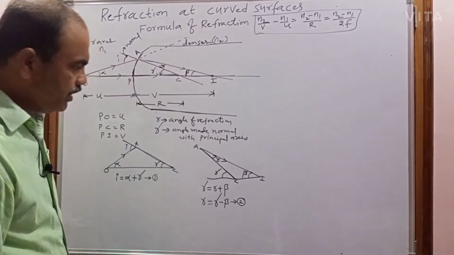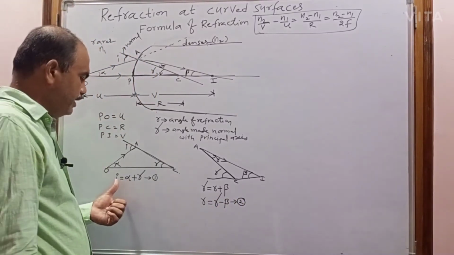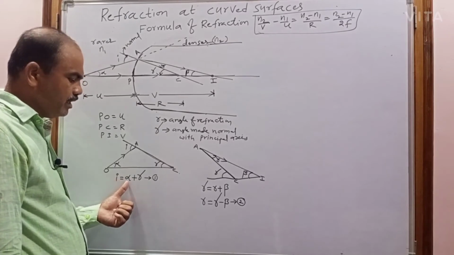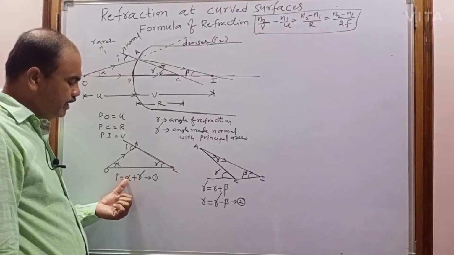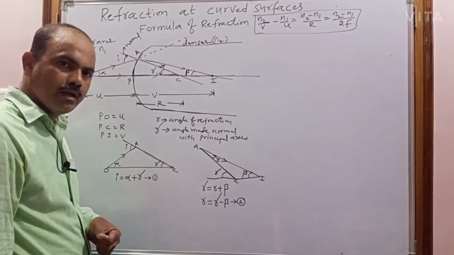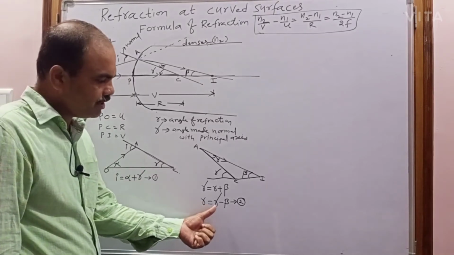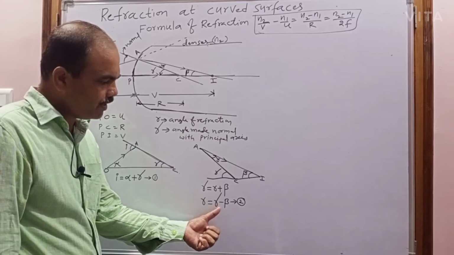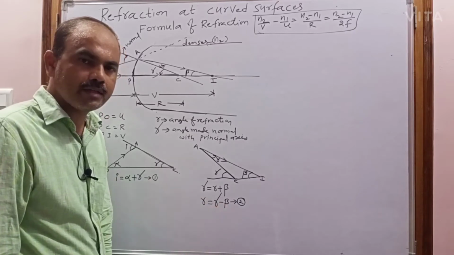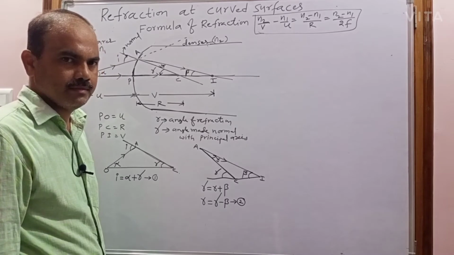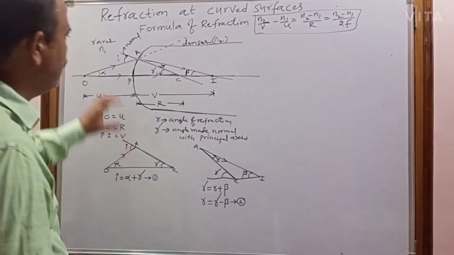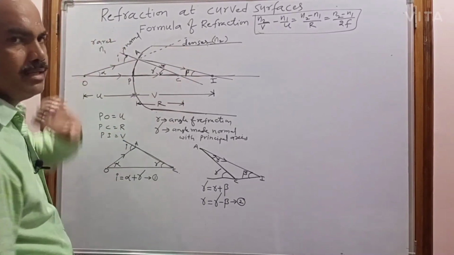And what did I do here? I have written the angle of incidence in terms of the angle made by the incident ray and the angle made by the normal. And I am writing the angle of refraction in terms of the angle made by the normal with the principal axis and the angle made by the refracted ray with the principal axis. Now, what rays am I taking in this diagram?